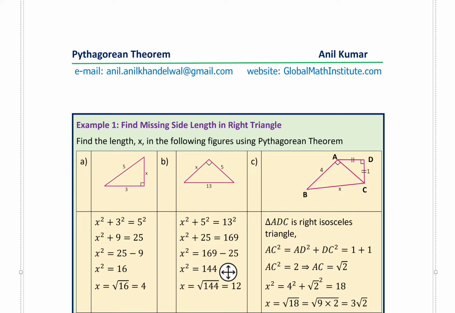In our example number 1, where we have 3 triangles, I will say find the missing side of the right triangle. So the missing side has been termed as x. Now I would like you to actually copy these questions and solve them.